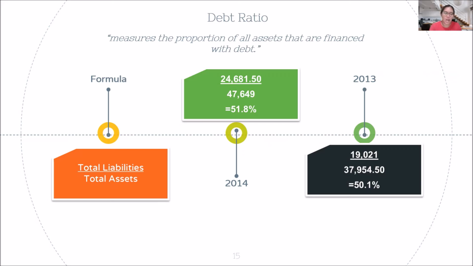Now, I cannot say that this is a good or bad indication because, like I told you, as long as we could lower it. But I am not saying that it's not good for the company to have debts or credit.